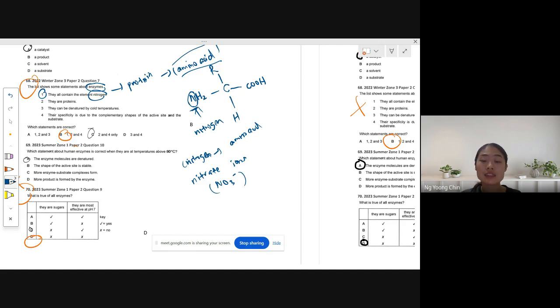And for nitrogen, the chemical formula is N2. N2 means nitrogen gas. So the nitrate ions are usually absorbed by plants.